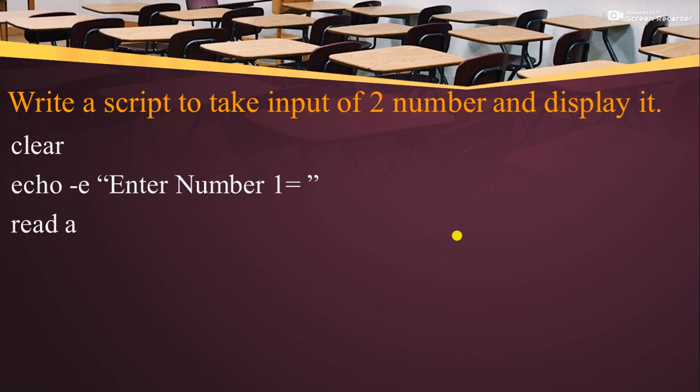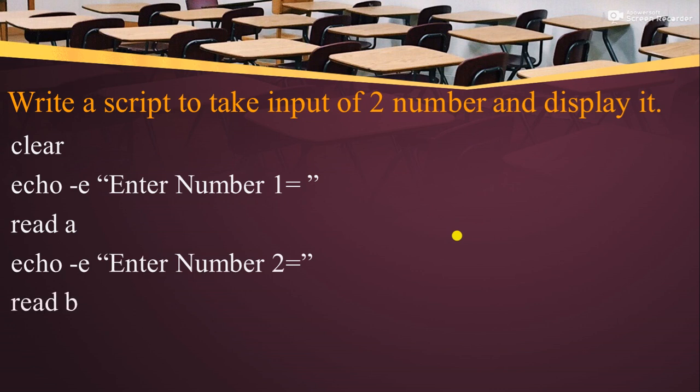Then we will take the input of number 2 by echo minus e, double inverted comma open, enter number 2, double inverted comma close. Then we will take the input of number 2 by the read command, and number 2 will be stored in the variable b. So variable a will store number 1 and variable b will store number 2.